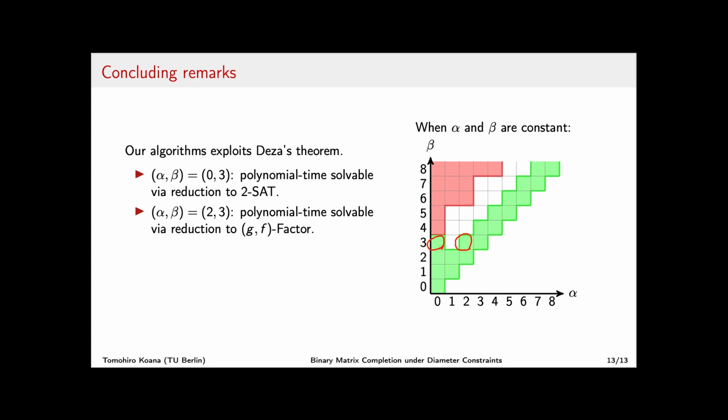This makes me wonder, what about the case when alpha is equal to 1 and beta is equal to 3? And maybe for this case, we need to reduce to something that is more general than 2-SAT and GF factor. I have no idea what that is. So I believe this is an interesting open question.